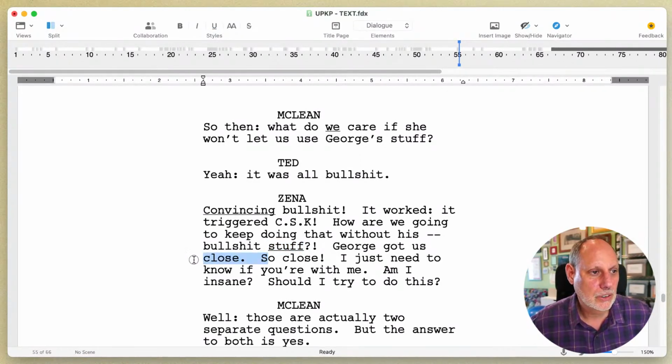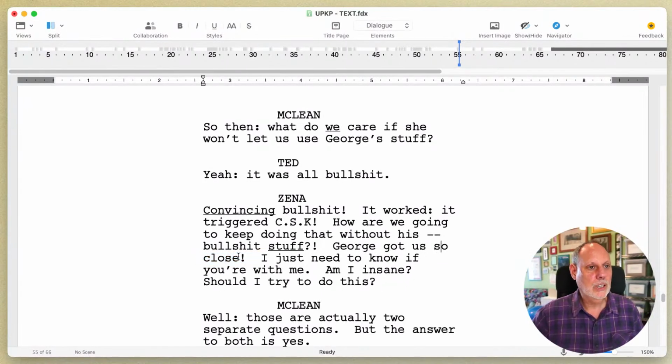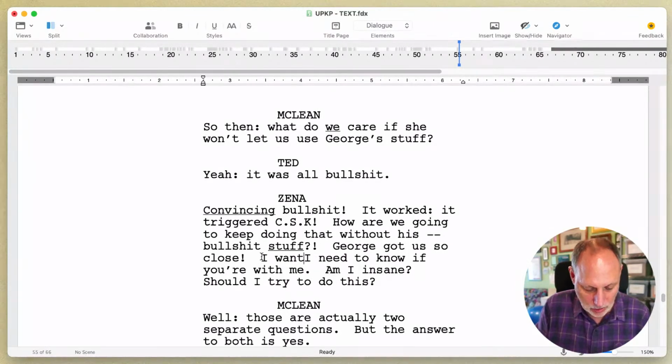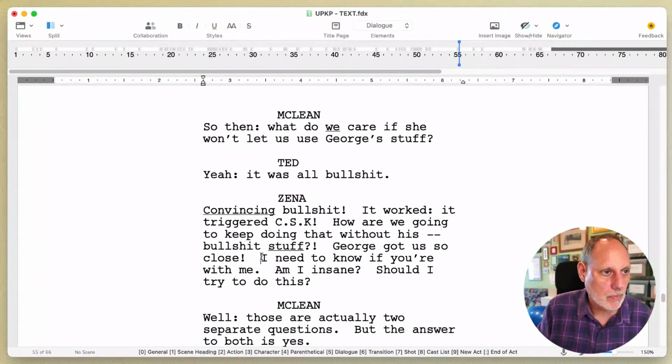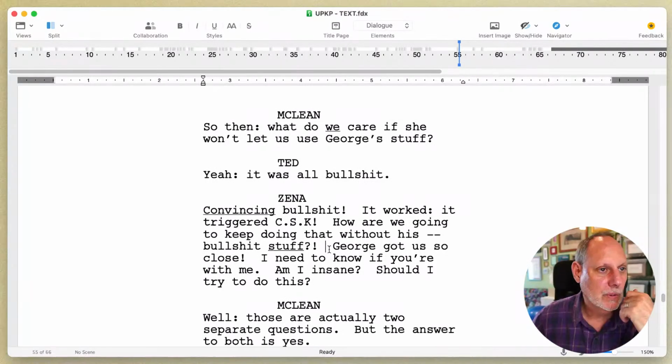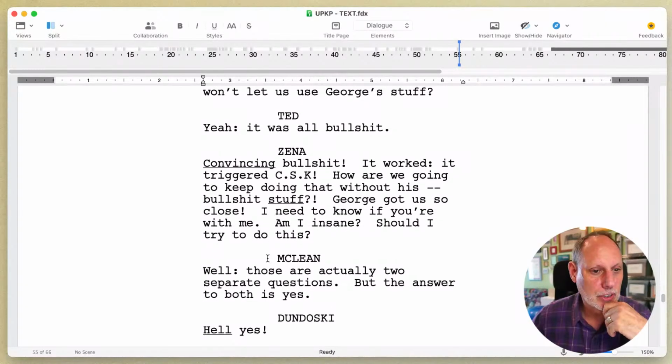I need to know if you're with me when I go on it. George got us so close. I need to know if you're with me. Am I insane? Should we try to do this?